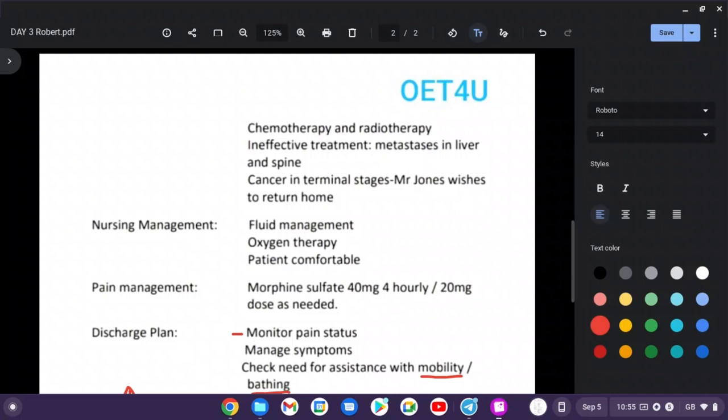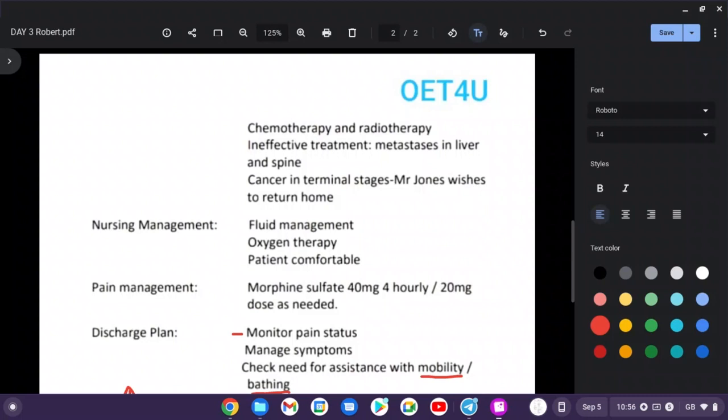From this you understand that the patient has been diagnosed with the terminal illness of lung cancer, and the patient's prognosis is very poor and he likes to return to home.